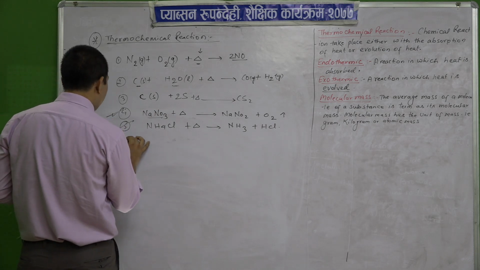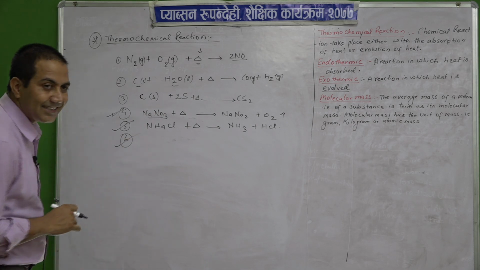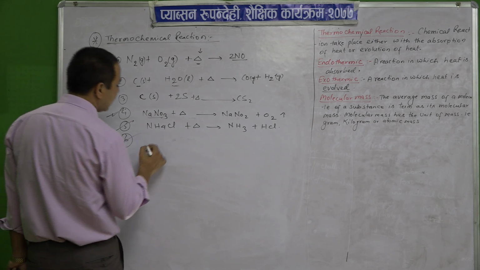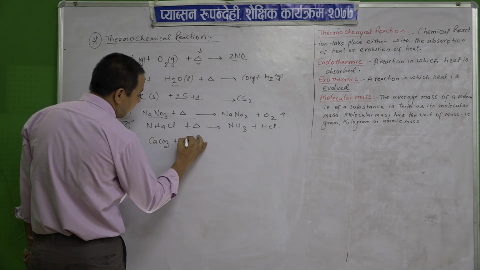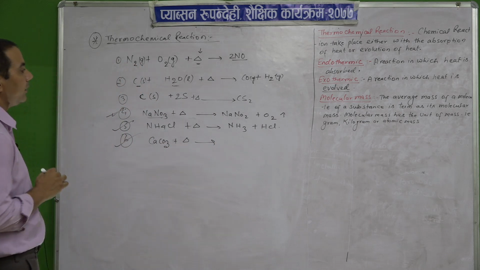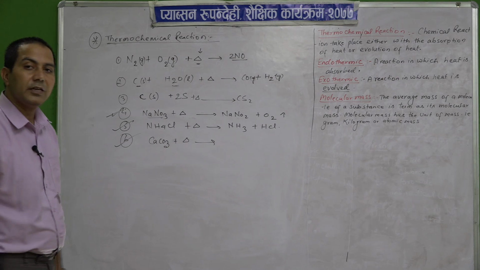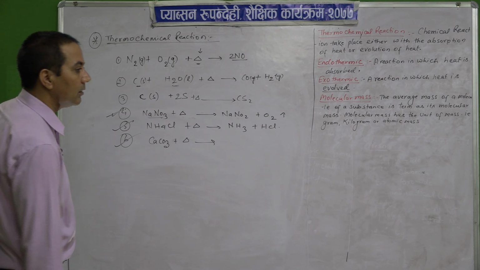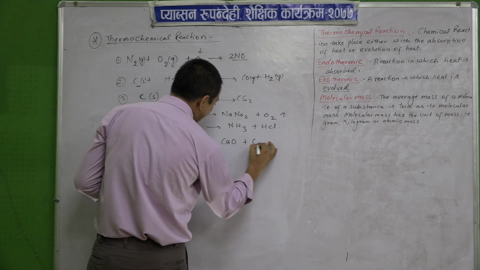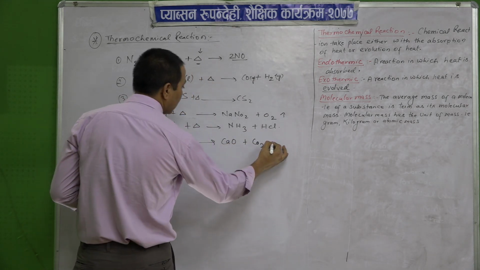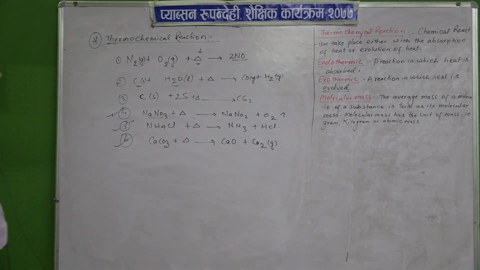Then another one, the most practiced or most asked example of an endothermic reaction, that is calcium carbonate, CaCO3, is heated. What does it give? It gives calcium oxide plus carbon dioxide. Okay, calcium oxide plus carbon dioxide.